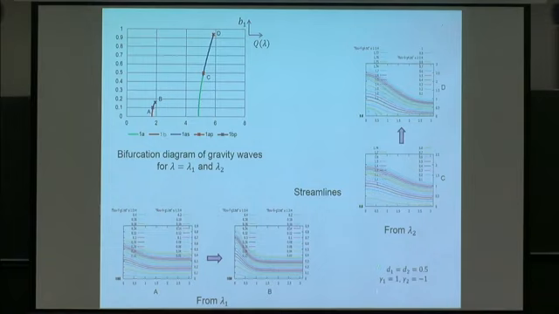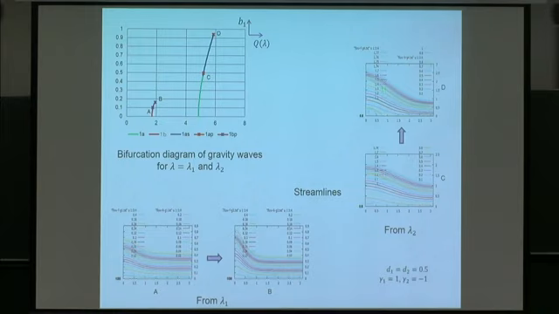Gamma 1 and gamma 2 are these values. In this case, there are two bifurcation points, let's call them lambda 1 and lambda 2, and a mode 1 branch from lambda 1 and a mode 1 branch from lambda 2. On the branch from lambda 2, a stagnation point appears like this.